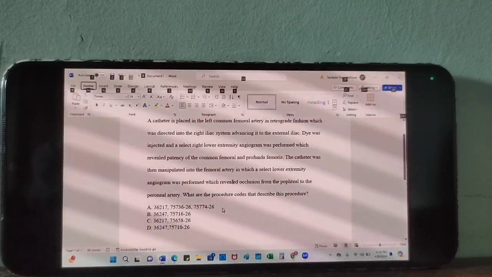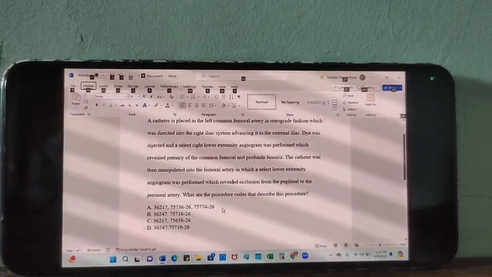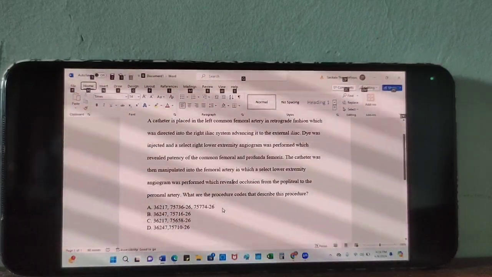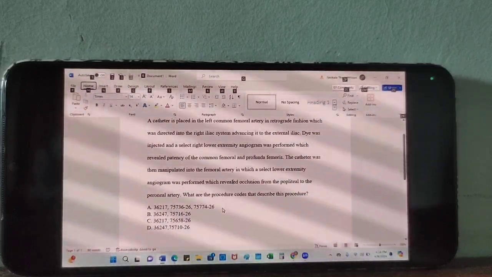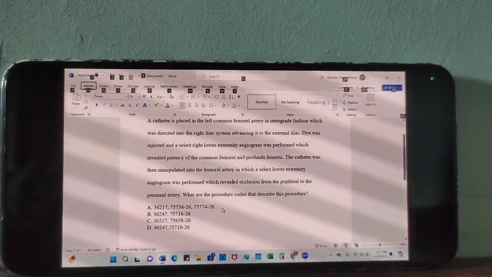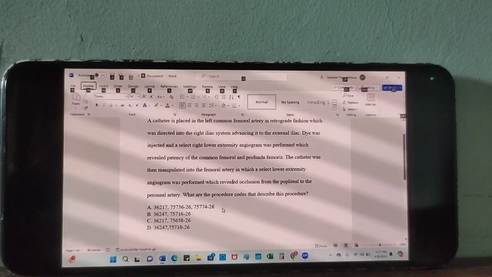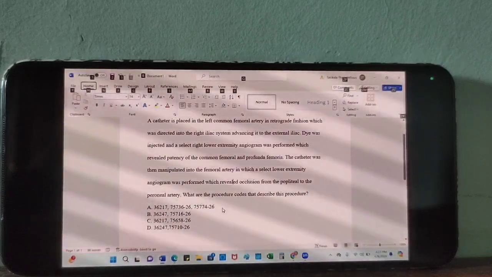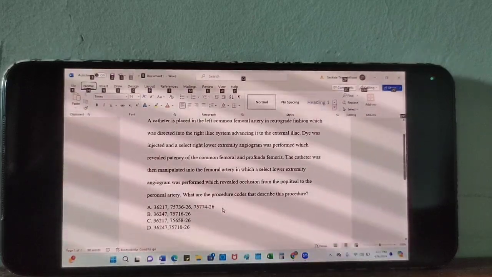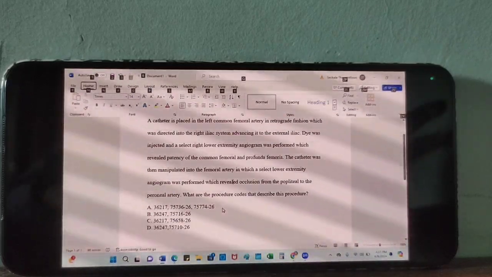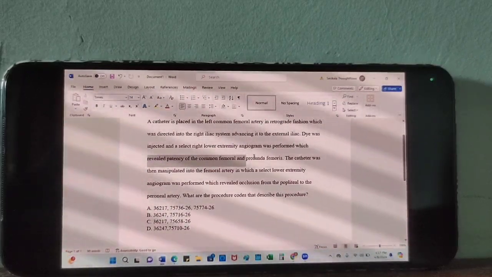One minute, I will take the image and share it with you on WhatsApp. I have a color xerox of that appendix. One minute, I will share it. The catheter revealed patency of common femoral and profunda femoris.